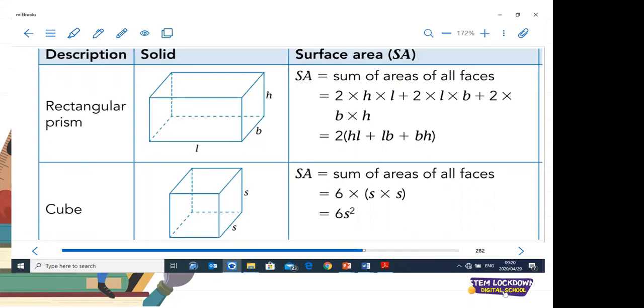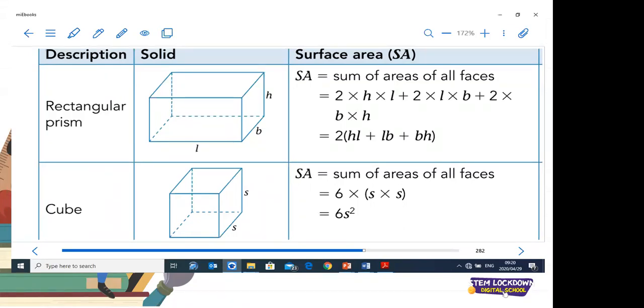That's the first rectangle, and the front part of the house is another rectangle, and the rectangle on the right-hand side is another rectangle. So those three rectangles will be different.